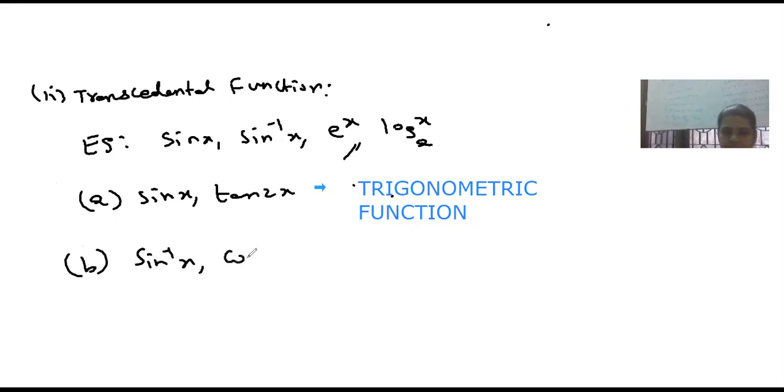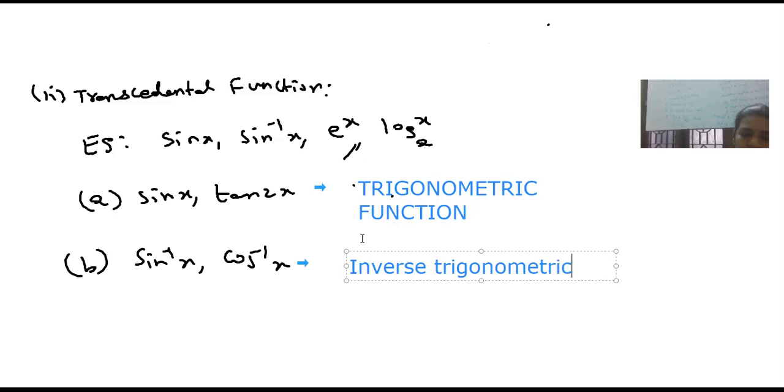This will be called an inverse trigonometric function. Okay, yeah? Clear?